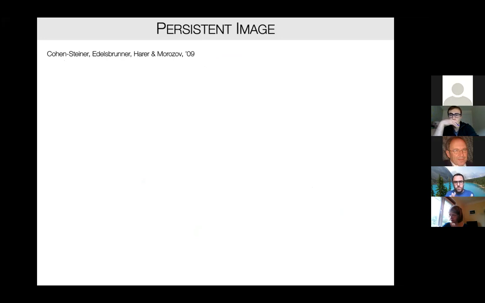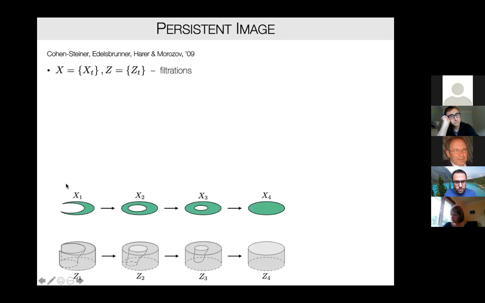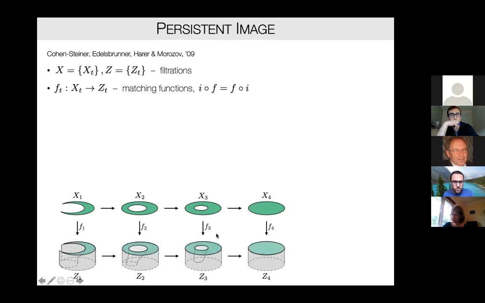The key ingredient we use here is called the persistent image. It's coming from an old paper by Cohen-Steiner, Edelsbrunner, Harer, and Morozov. And the idea is the following. Let's say you have two filtrations, X and Z. So that will be X at the top and Z at the bottom. And as before, we have mappings, but now between every X and every Z. So these will be the functions F. So you have a sequence of functions as well.